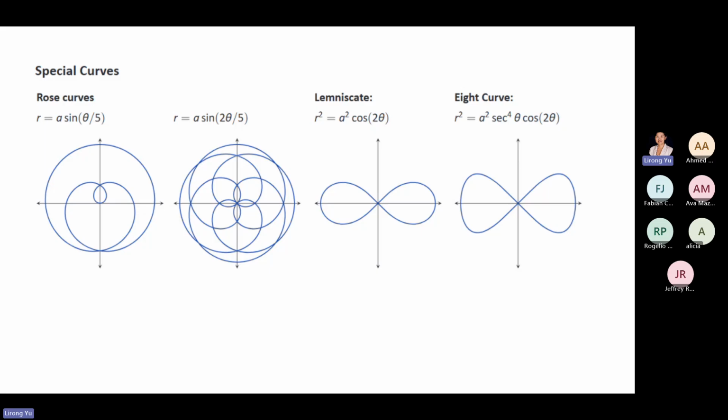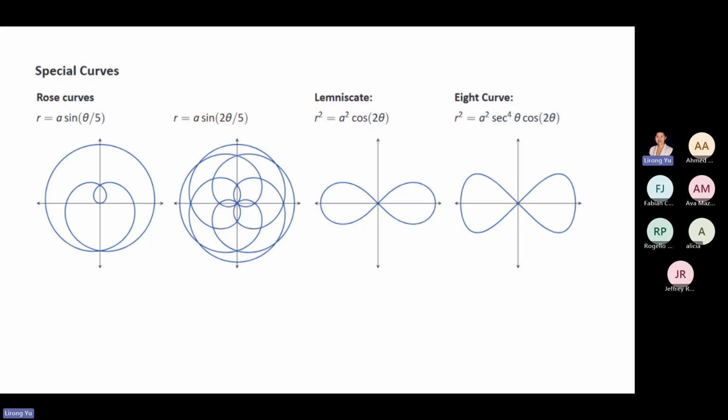But on this side we have r squared. If we don't have the r squared, if it's just r equal to a squared cosine 2 theta, it will be a 4 petal rose. So having that r squared there gets rid of the upper part and the lower part. The r squared is one of the main changes compared to the 4 petal rose picture we had earlier.